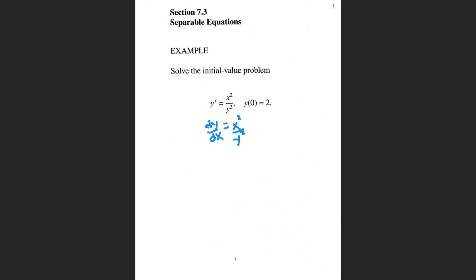When we have a separable differential equation, to solve it, we often want to take the differential equation and write it in the Leibniz notation dy/dx. So let's go ahead to the next page and let me show you how we would solve this differential equation.